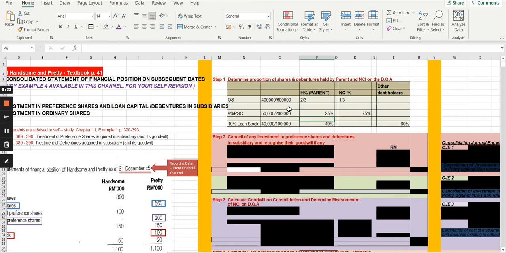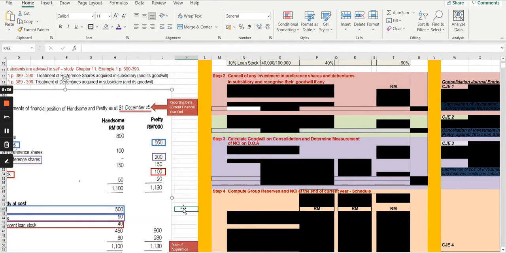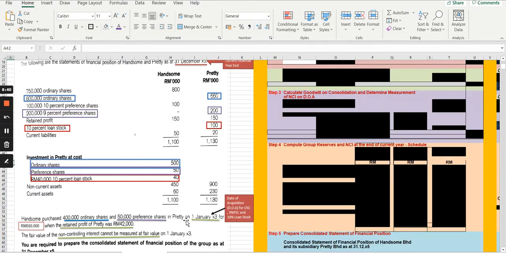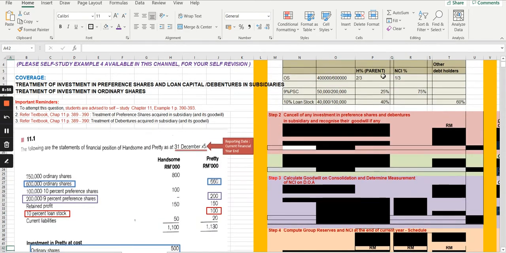So if you base on the information given here, the number of shares acquired was 400,000, and the number of shares in the subsidiary company, I have put in this blue box here, is 600,000. So you will take 400,000 divided by 600,000, you will get 2/3 to be the percentage that is the control.